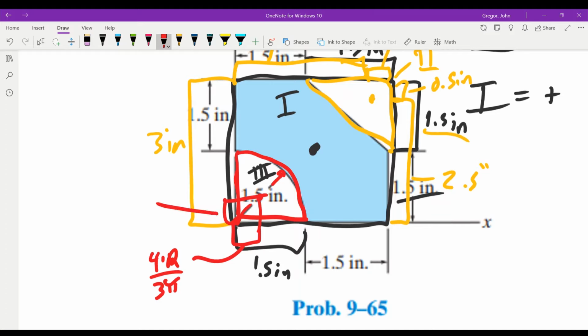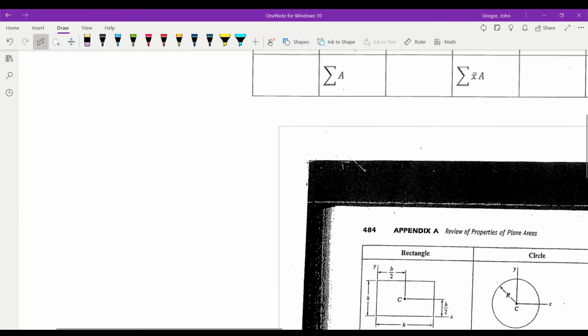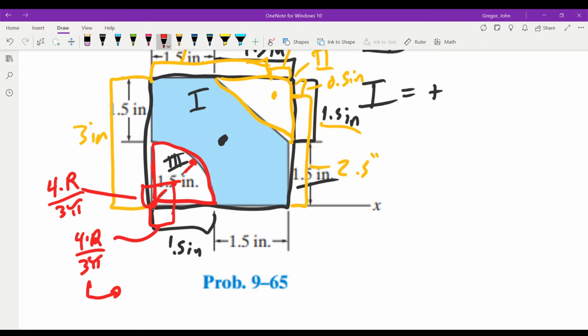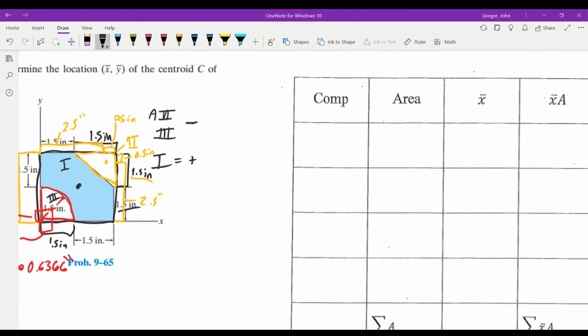Let me make sure I'm doing this right before I dive into this problem. Yeah, okay. This value, if we did the math, is 4 times 1.5 divided by 3 times pi, which gives us 0.6366 inches.